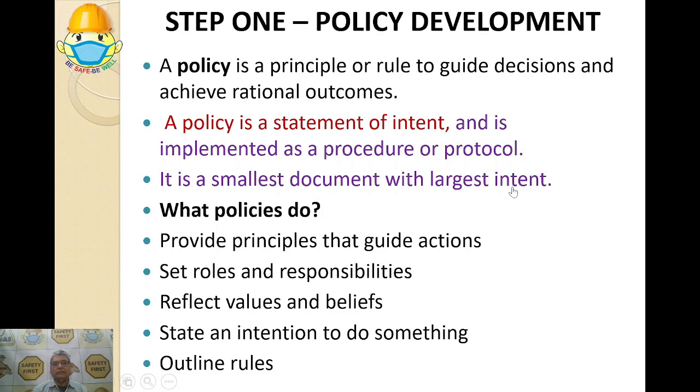In that annexure, it was given statement by statement how the company or the management is going to achieve what is stated. And that annexure was of 40 pages. So from this example, you can understand the meaning of this statement, that it is the smallest document with the largest intent.